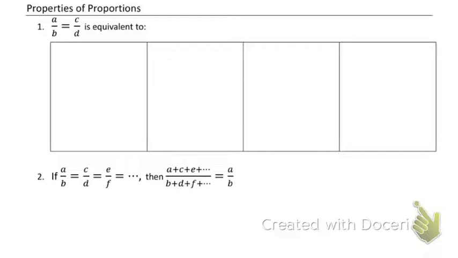Our first property is our normal means extremes, and that is the fact that A times D equals B times C. We just did that up above. You can also switch the means.